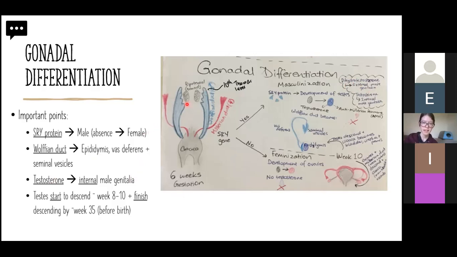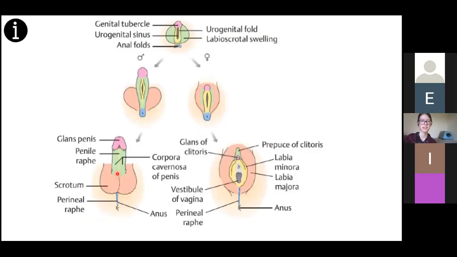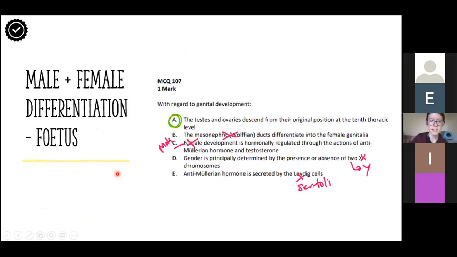Also, little point, the gonads start at the 10th thoracic level and then they descend, and the testes descend during fetus and should be descended before birth. Or up to 9 months afterwards. So this isn't a teenager problem, this is a fetus or baby problem. And that's just there for your reference. And there's the answer.